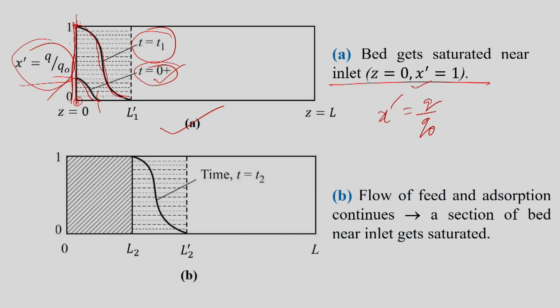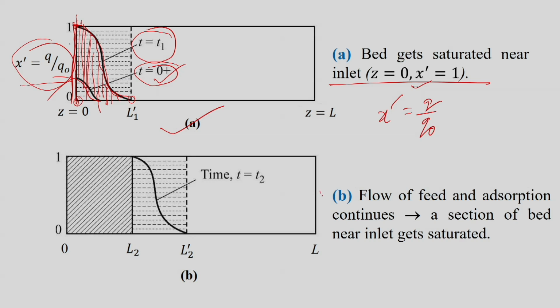In the beginning the solute or adsorbate concentration will be high, and as we move away from the entry point, q by q 0 will be lowering, and one point will be there where q by q 0 is equal to 0, meaning it is entirely unutilized.